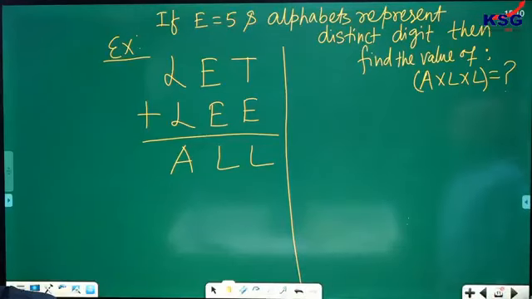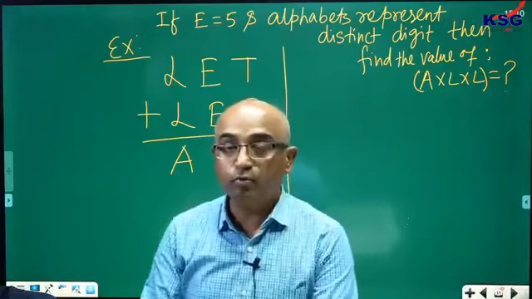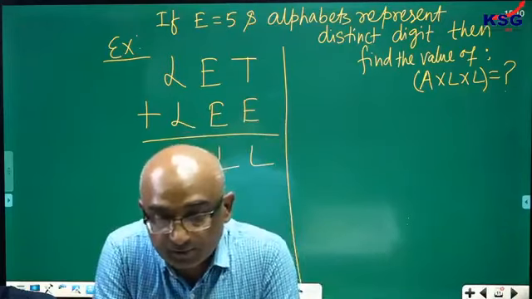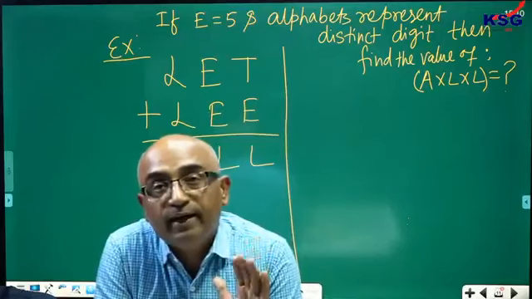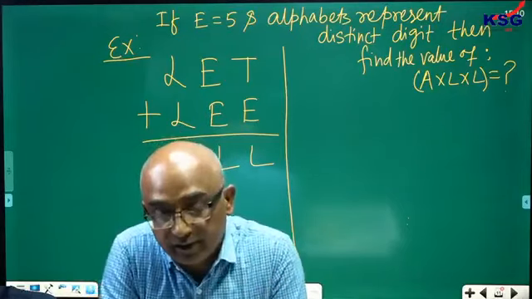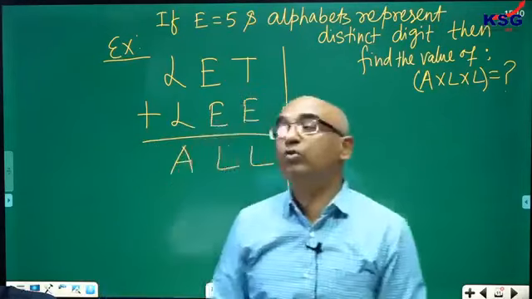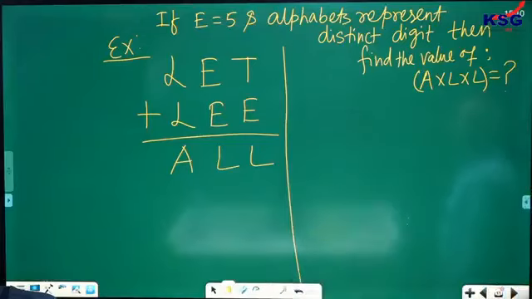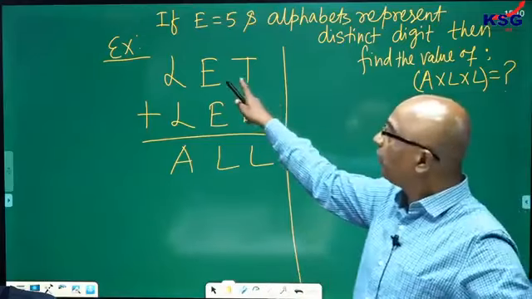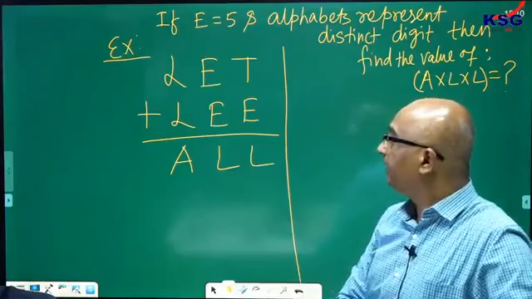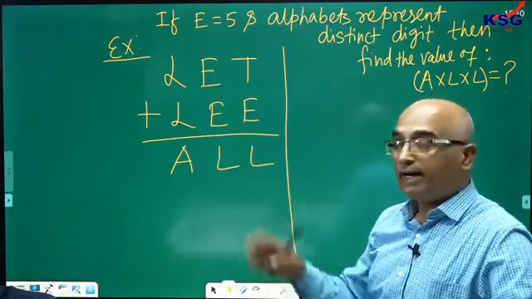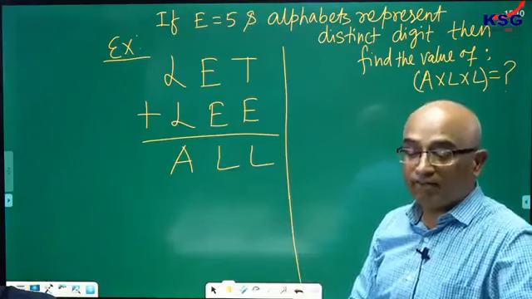So focus here. The question, student: LET plus LEE, it means a 3-digit number when added with another 3-digit number, the answer is also a 3-digit number. So you need to crack the values of L, T, E, A, and E is given as 5.